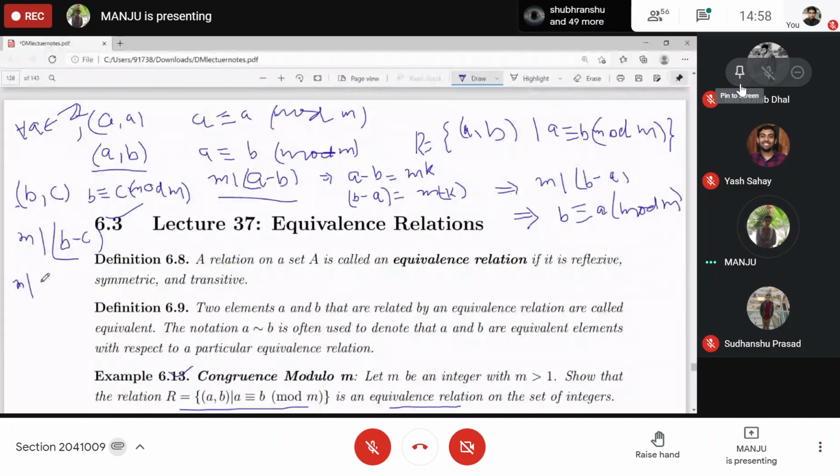So M divides X, that is A minus B, plus Y, B minus C.